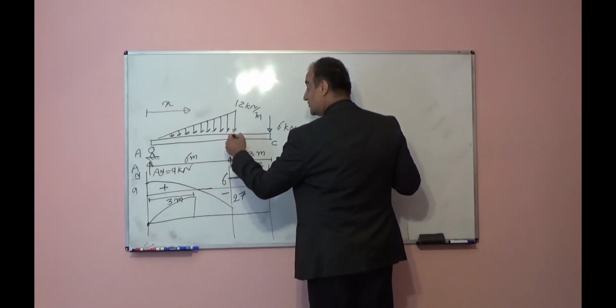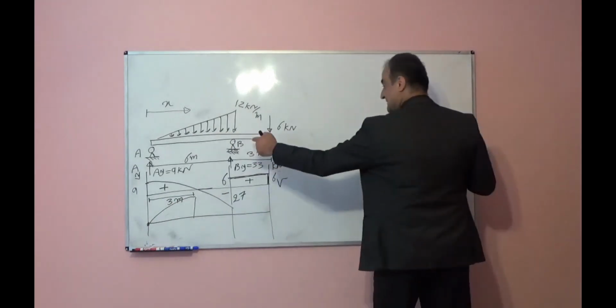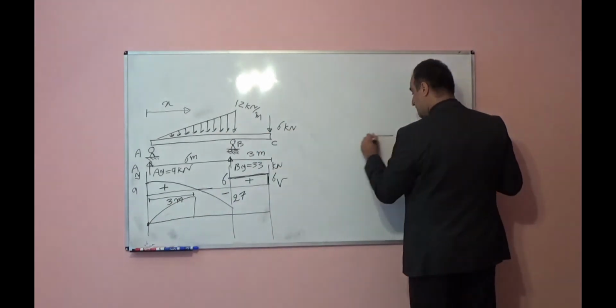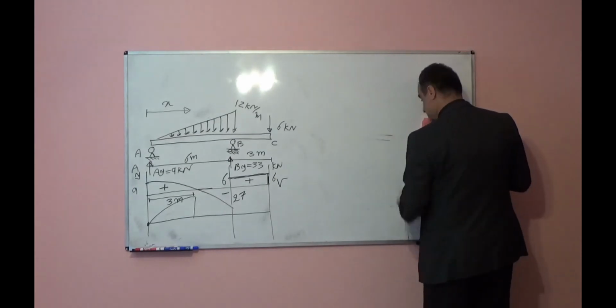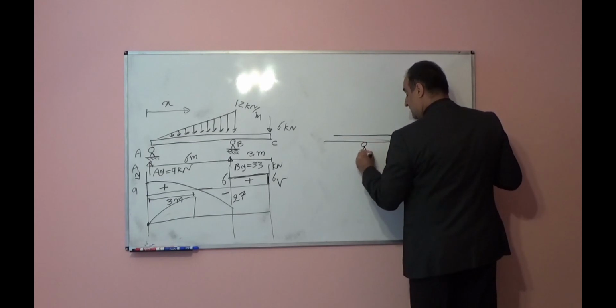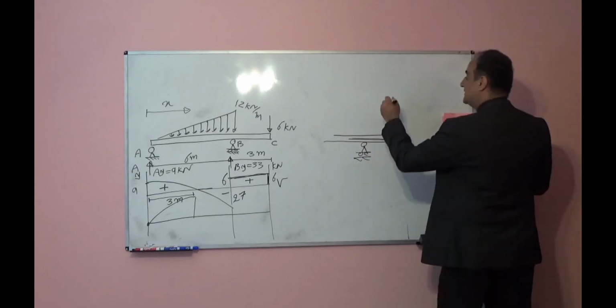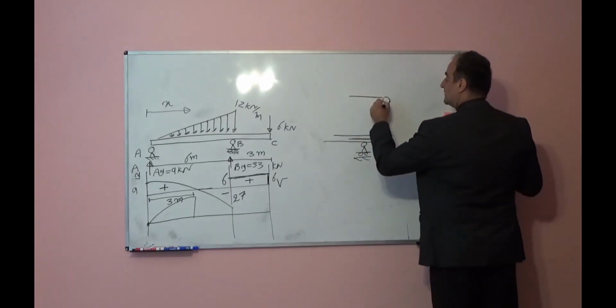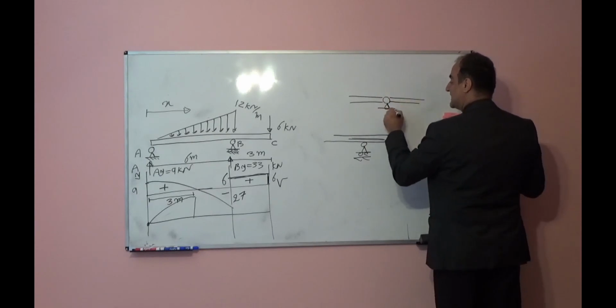Then here you pay attention, this hinge, look at point B. Beam above point B, it is continuous. This behavior is different from this behavior if hinge it is between these two segments.